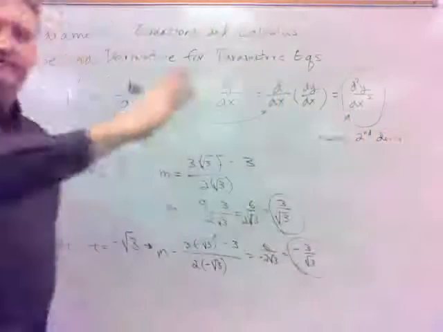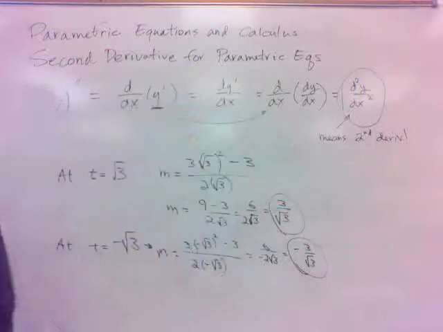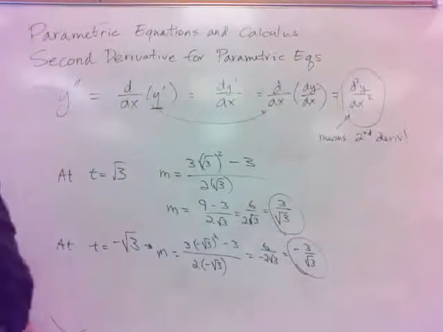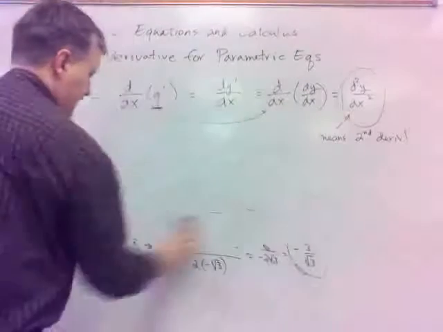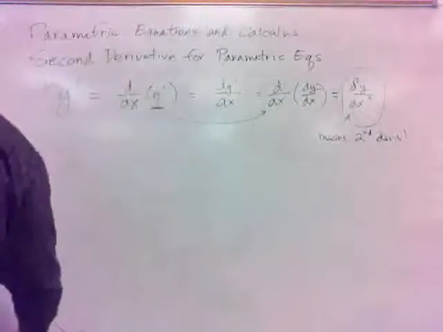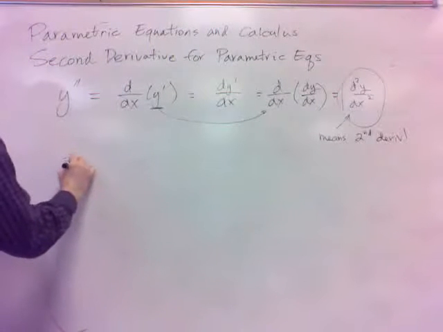We haven't used that notation much. Like I said, we like this notation, but for this case, this is what they usually write if they want the second derivative, okay? All right, so what about for parametric equations? Well, the second derivative.